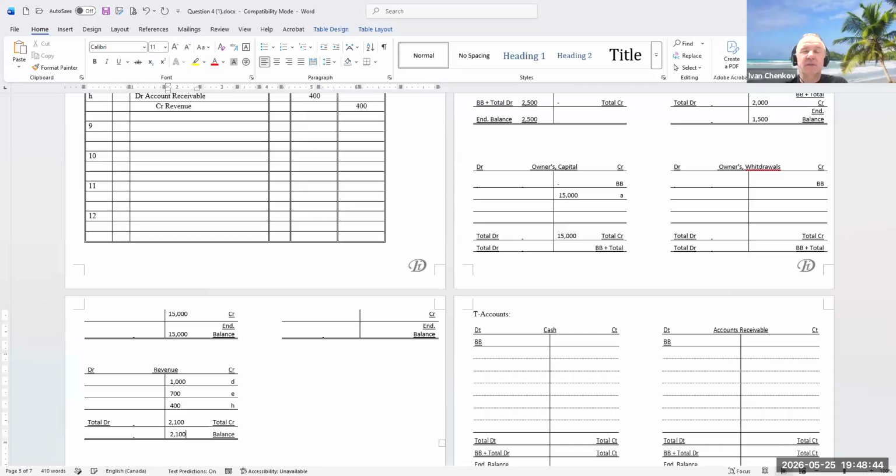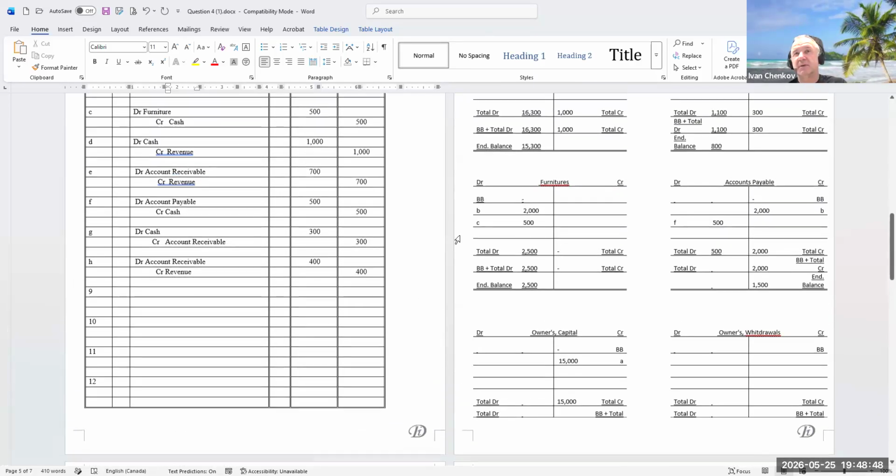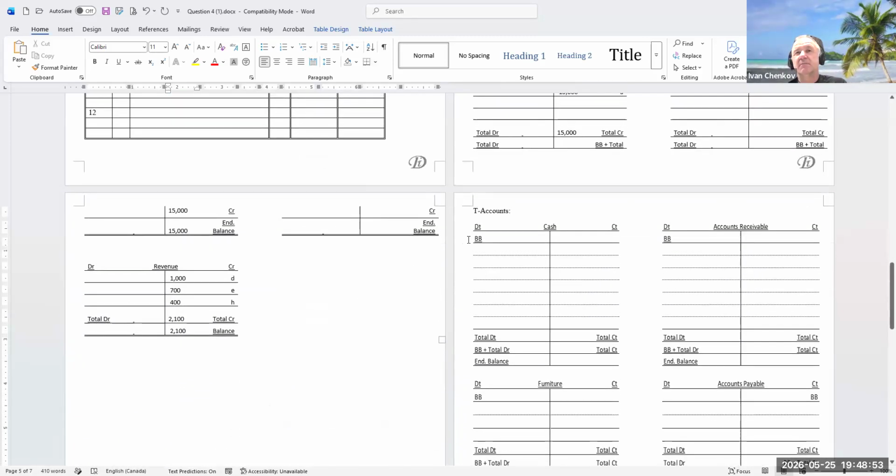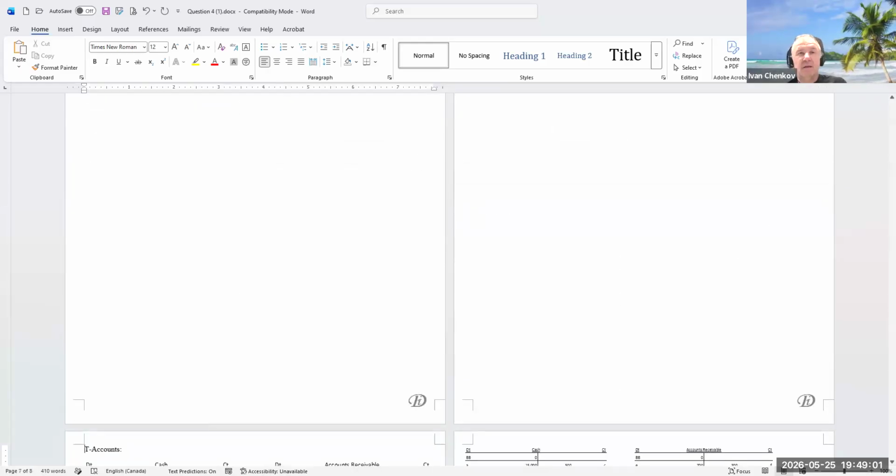Once we're done with this, we have to transfer the balances of each account that we calculated here into the trial balance. Let me get this trial balance. And you can keep going with the Excel spreadsheet.